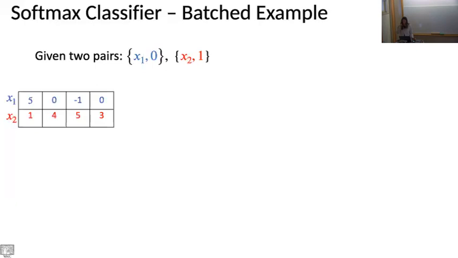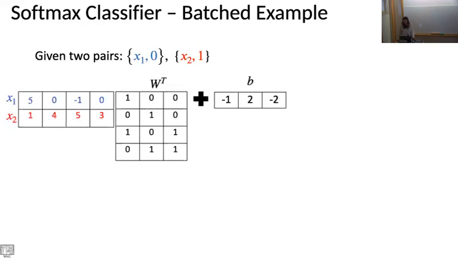What we're going to do is simply pile the samples into a matrix, where each row is one of the samples. And we're going to use the transpose of W and do matrix multiplication. The result will be a matrix of size 2, the number of examples, times C, the size of the output vector.